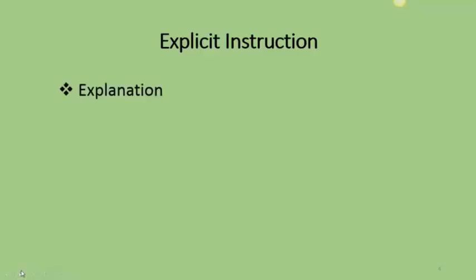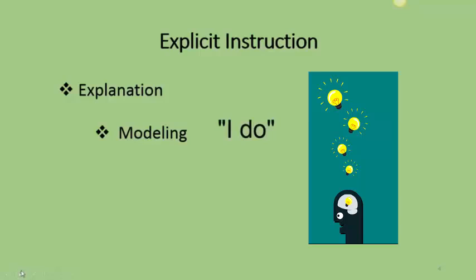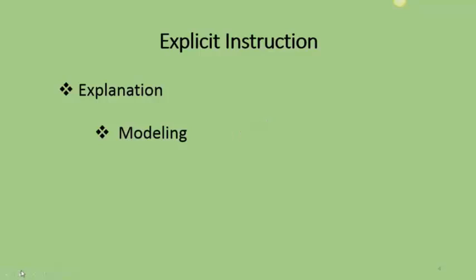The first phase of explicit instruction is the explanation phase. Why learning this strategy is important for the student and how it will help them to improve their reading. Then you move on to the modeling phase, which is the I do, where the teacher does a think aloud on how to do the new EBRI strategy, and the students sit silently listening and watching as the teacher does this modeling.